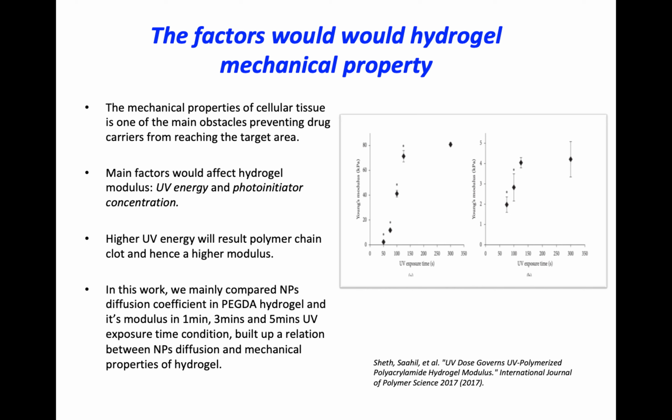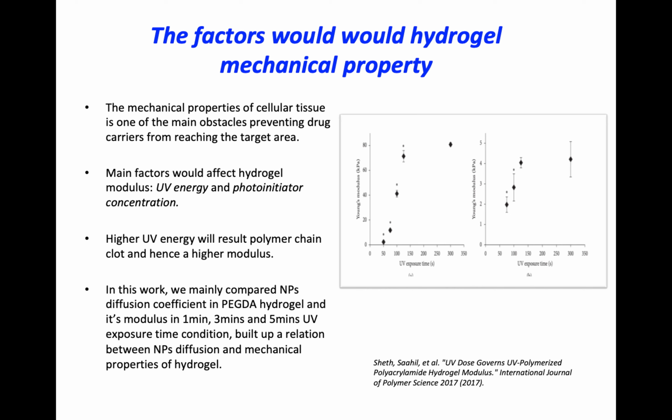So this work gave us a very good hint that if we can characterize the mechanical property of the hydrogel, and also if we can find out the diffusion coefficient of the nanoparticles in hydrogel, we can eventually build up a relationship between the diffusion coefficient and the mechanical property of the hydrogel.